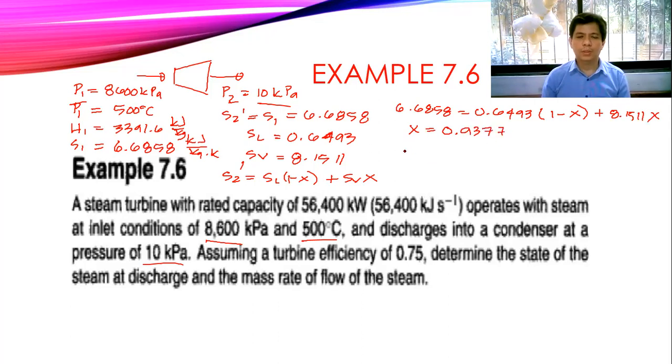Okay, so with this, you can now solve H2 prime, no? So ganun din, kukunin niyo rin lamang yung HL at saka HB sa steam table. So from the steam table, HL is 191.832. Sorry, this is not 0.9377. This is 0.8046.